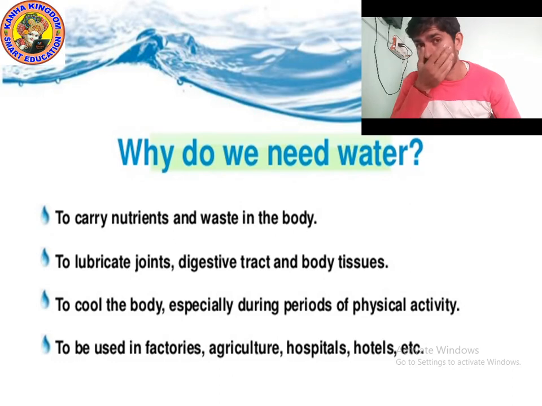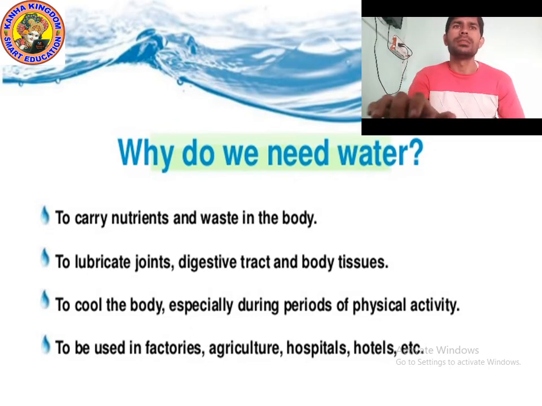It is also used for bathing, cleaning the clothes, cleaning the utensils. So there are many uses of water. I have written 4 main uses of water, as you can see on the screen.